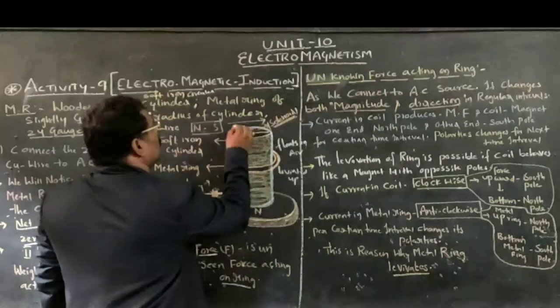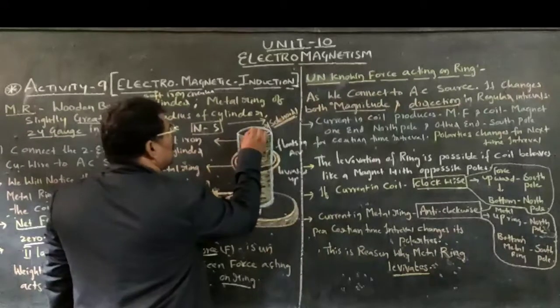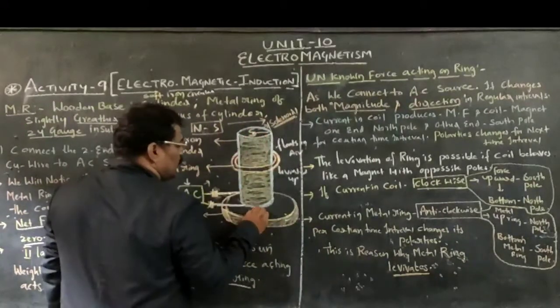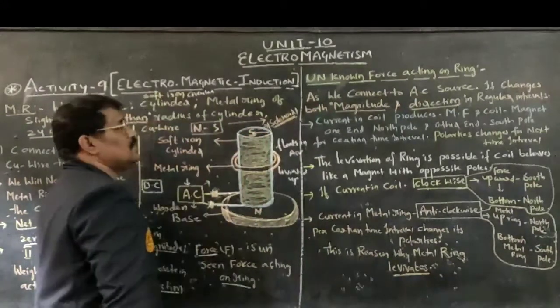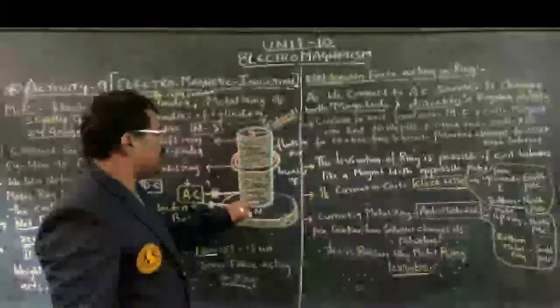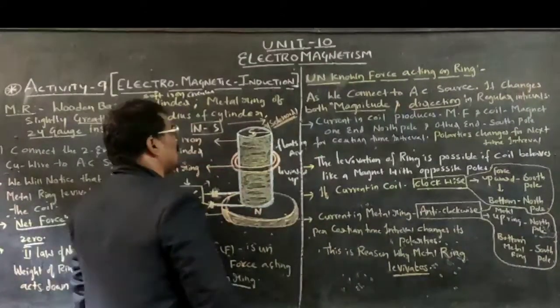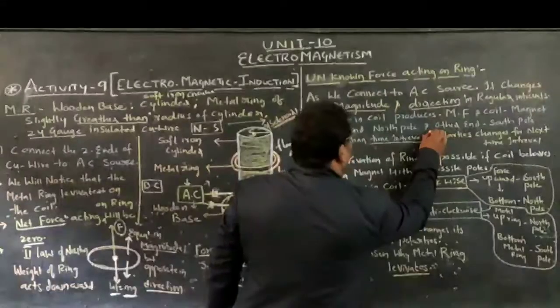A solenoid consists of two poles, north pole as well as south pole. Therefore, if I consider this as the north pole, the bottom surface will be what? South pole. Now, south pole means what? North pole. It stays a north pole or a south pole only for a certain time interval.